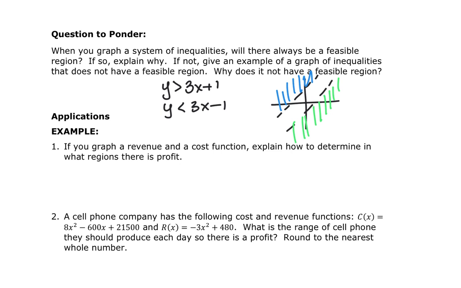Well, the revenue function, R of x, has to be greater than the cost function. If the revenue isn't bigger than the cost function, then there is no way to make any money, because the profit function is equal to the revenue function minus the cost function.